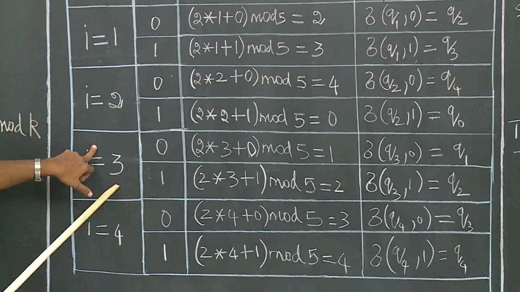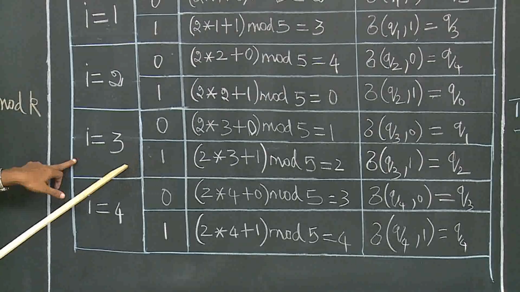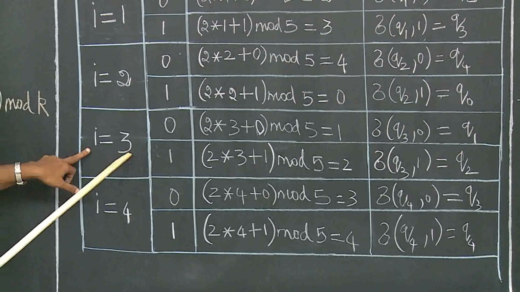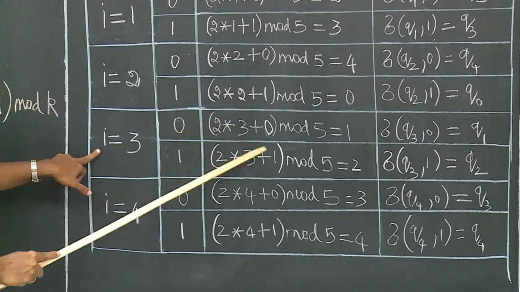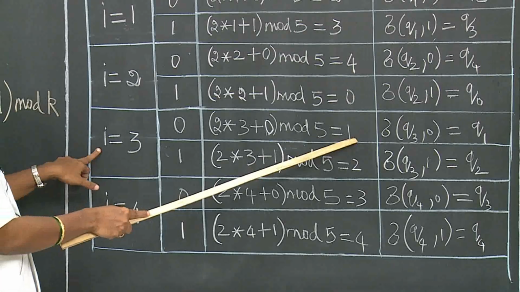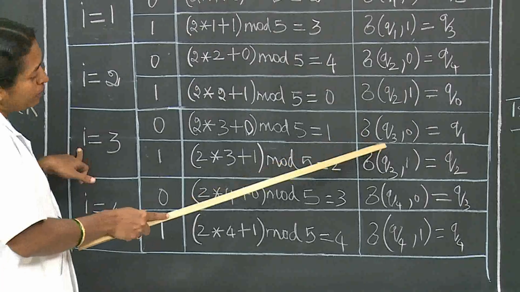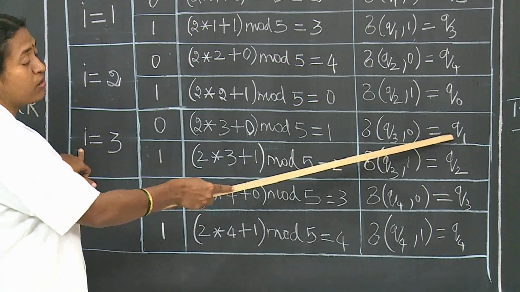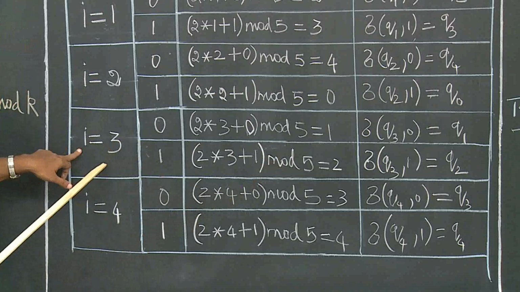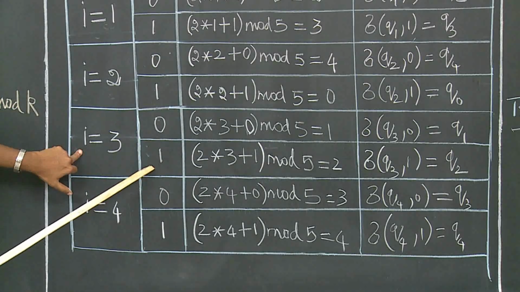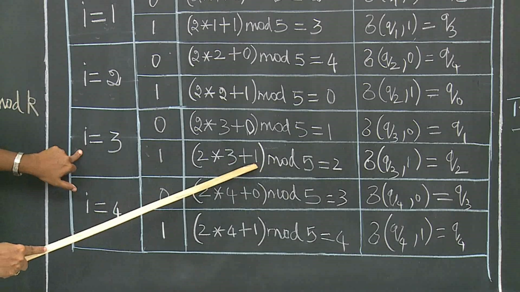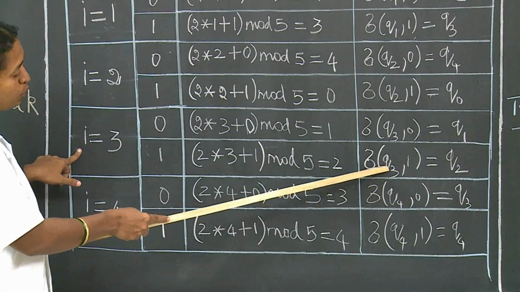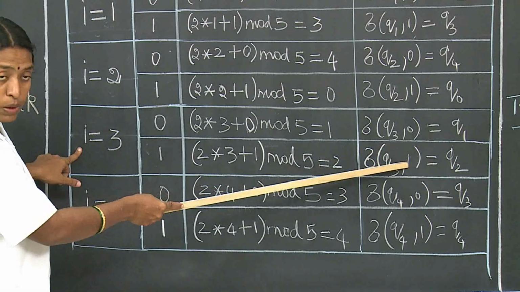Next we change the i value to 3. For this also we consider the two input symbols 0 and 1. In the first case, i is 3 and the input symbol is 0. Then we get the value of j as 1. So there will be a transition from Q3 by accepting the input symbol 0. It will move on to the state Q1. Next, i remains 3 and the d value, the input symbol, is 1. By substituting this we get the value of j as 2. So that's a transition from the state Q3 by accepting the input symbol 1.